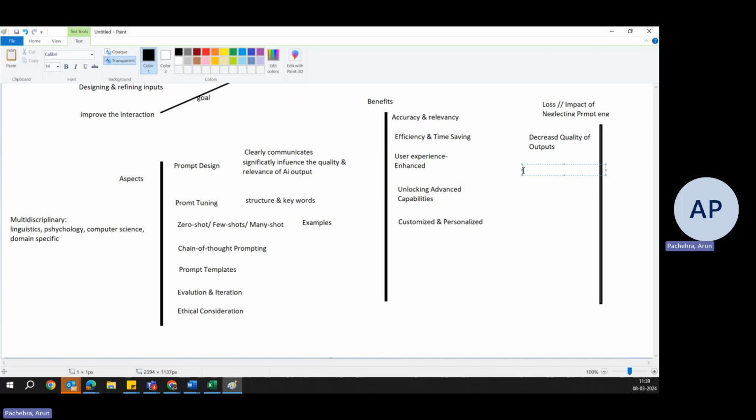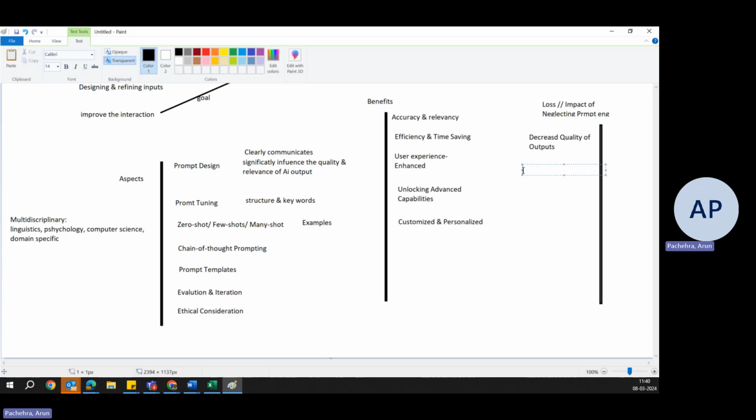But just for the sake of the video, without the nuances of prompt engineering, interactions with AI models may result in irrelevant, inaccurate, or generic responses, failing to meet user needs or solve a specific problem effectively. Let's take an example to understand it better. A vague prompt like "tell me about dogs" may result in a generic or unfocused response, lacking in-depth information about specific breeds, care, or training that the user might have been seeking, right?